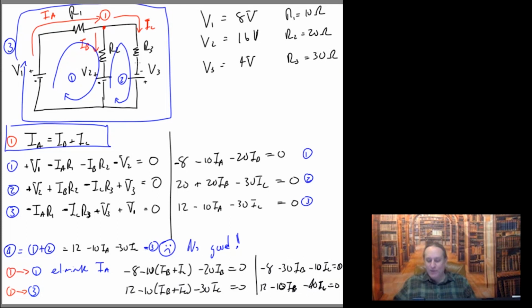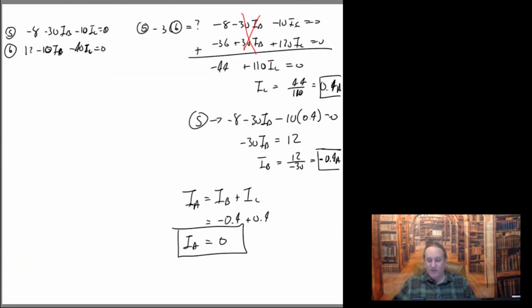So I don't have to change anything, though. My answers combined with my picture give me all of the information that we need. We do not want to go in and change our picture. We just want to say that IA equals 0 amps, IB equals -0.4 amps, and IC equals 0.4 amps.